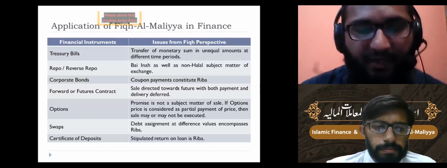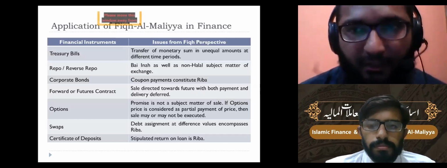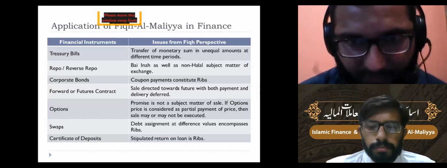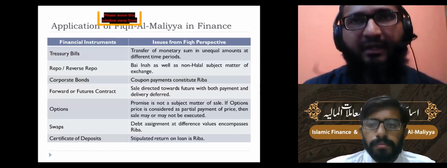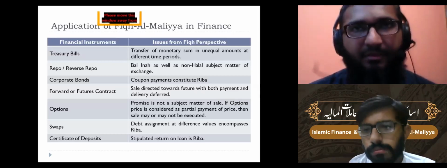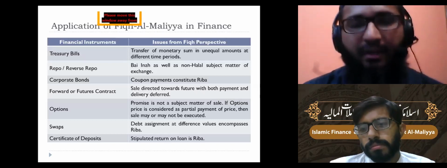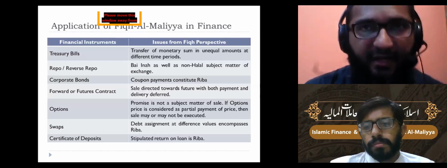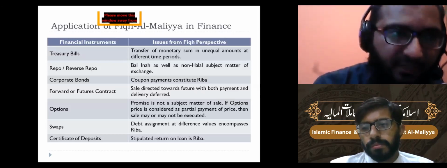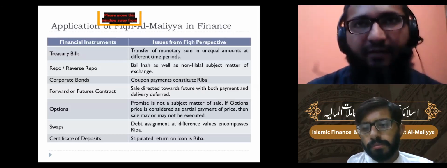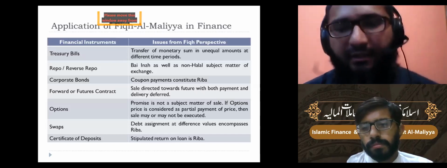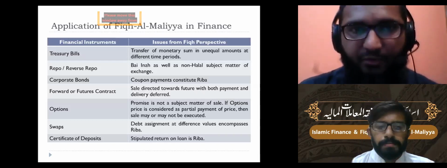So the financial or economic need is not haram as such. If a person has a need to, let's say, preserve wealth, that financial need is not impermissible, but that need has to be served with a correct financial instrument, with a correct financial contract, which does not violate the principles in Fiqh Malia. So I end my talk.